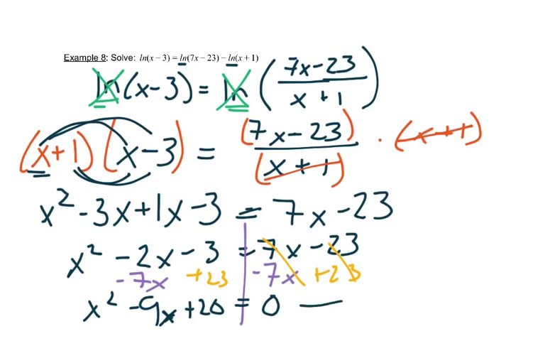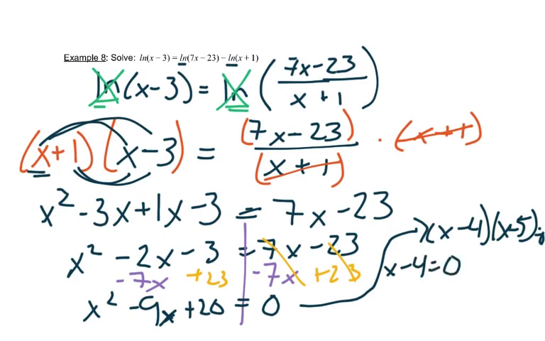So that can be factored as x minus 4, x minus 5 equals 0. So x minus 4 equals 0, and x minus 5 equals 0. That gives me x equals 4 and x equals 5.